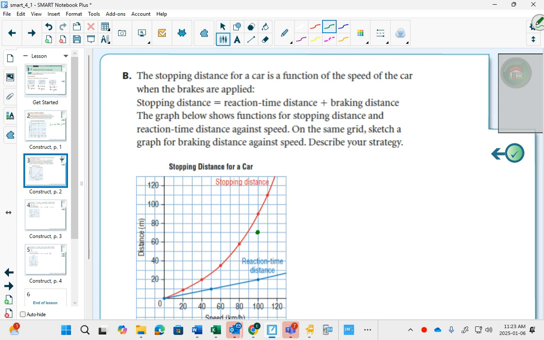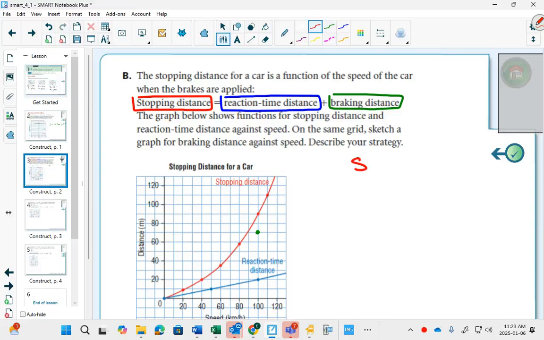So if we look at the equation they gave us, they said the stopping distance, which is the red graph, is equal to the reaction time distance, which is the blue graph, and we want to find out in green, what is our actual braking distance? If I wrote this in letters, stopping equals reaction plus braking.